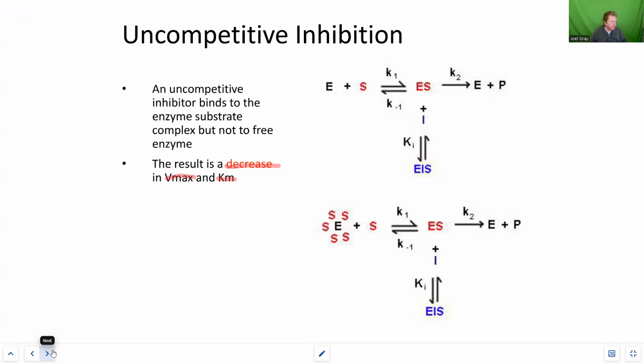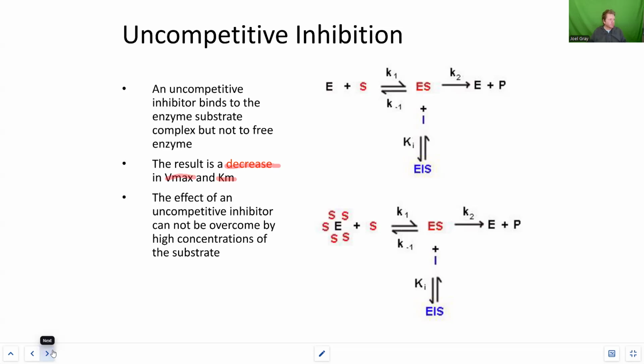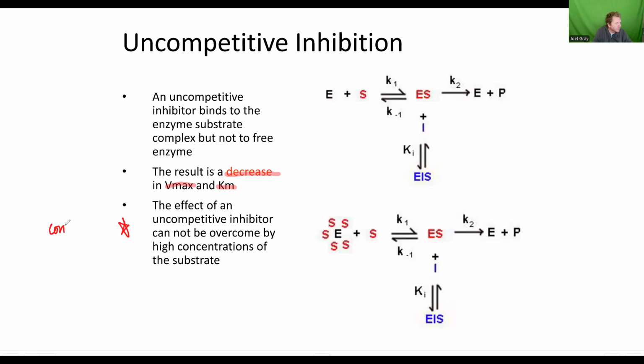Instead, it's a question of, when that enzyme binds the substrate, what happens? What's the fate? So the effect of an uncompetitive inhibitor cannot be overcome by high concentrations of the substrate. And this is a note that is important to recognize because this is in contrast. I'm going to draw a little star. Contrast to a competitive inhibitor.